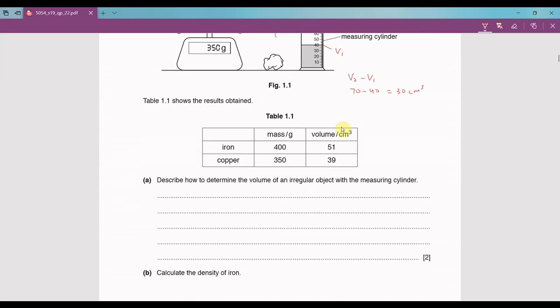So how would you write this answer? There are basically just two steps. Fill the measuring cylinder with just water.